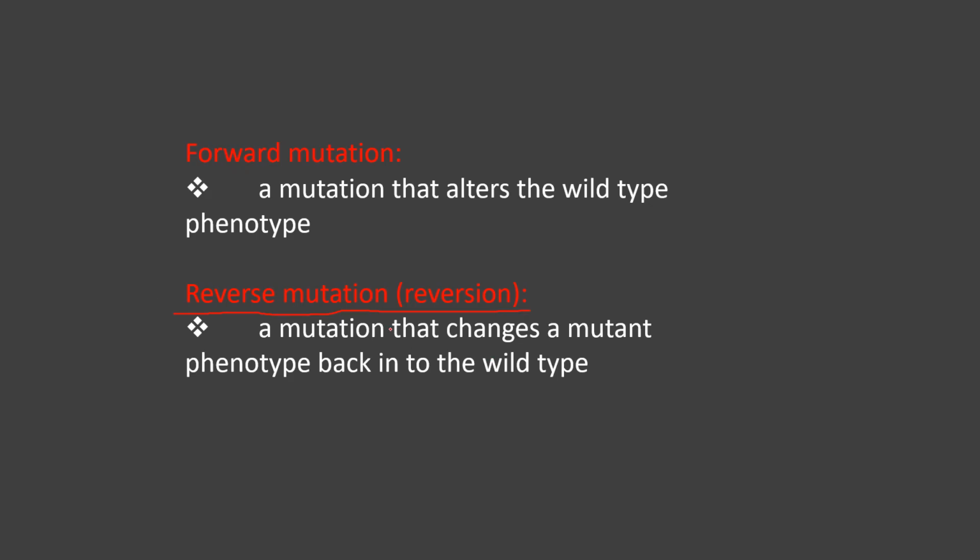So that is a reverse mutation. And if you know about the peppered moth, which you should, you should also know that this is an example of reverse mutation. And we'll talk about the peppered moth later, okay?